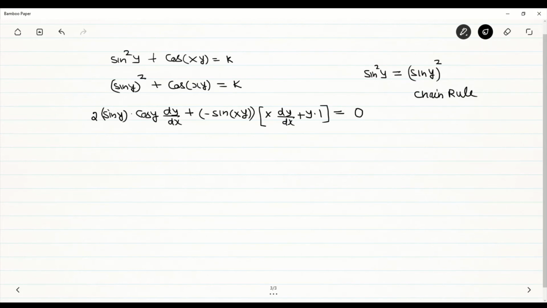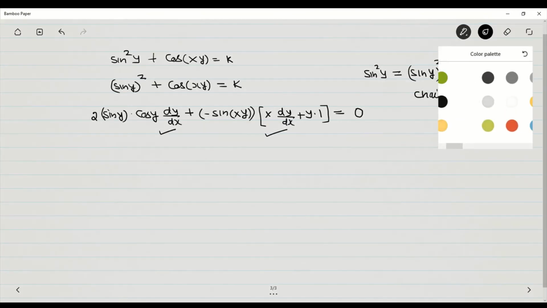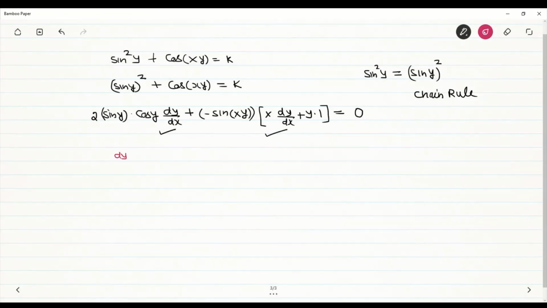Now let's collect the terms. We can notice dy by dx is here with this term, and dy by dx is here with this term, and the other term can go to the right hand side. So I'm taking dy by dx common on the left hand side, so obviously I'm left with 2 sine y cos y.